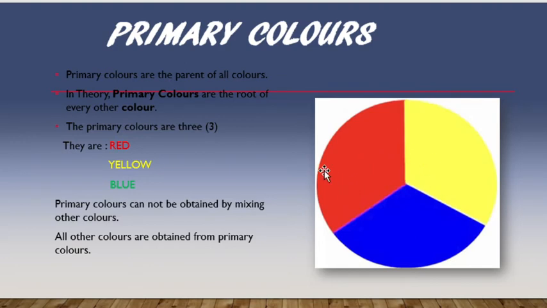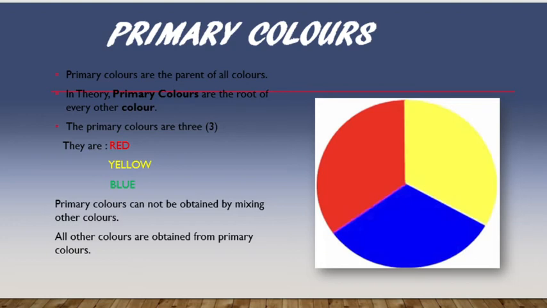You cannot mix any colors to get these three, but you can mix them to get other colors. All other colors are obtained from primary colors. So I hope this is very clear, and today our lesson will be very brief because we have a fair idea on it already.